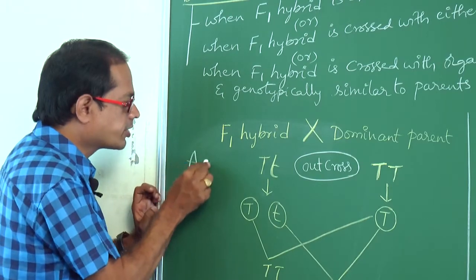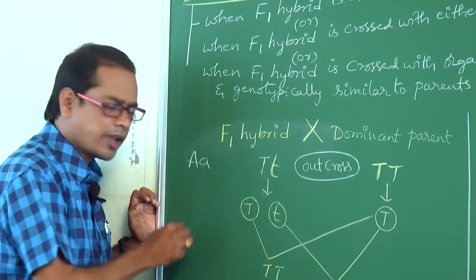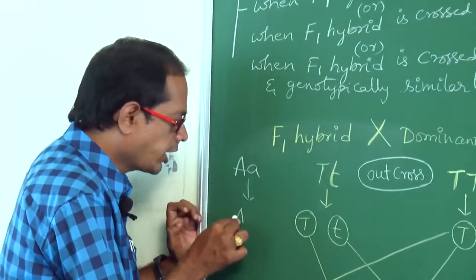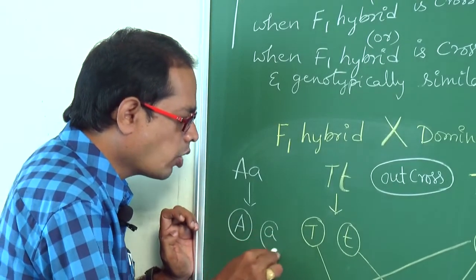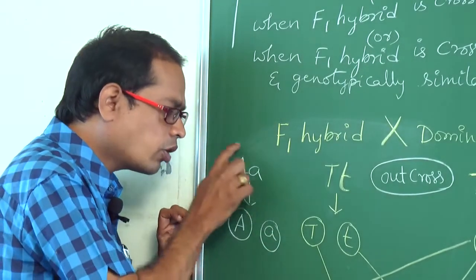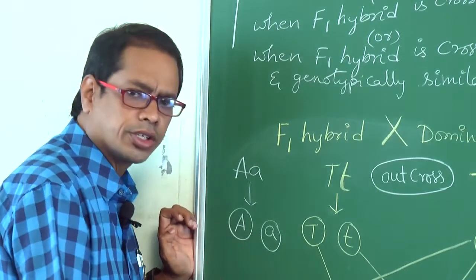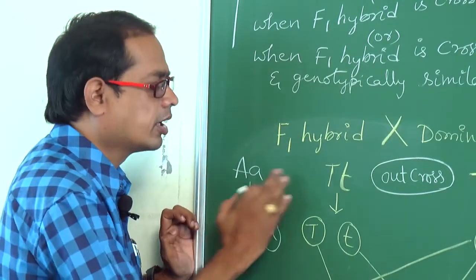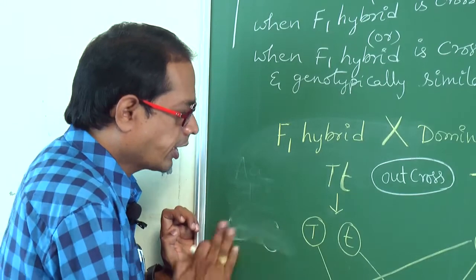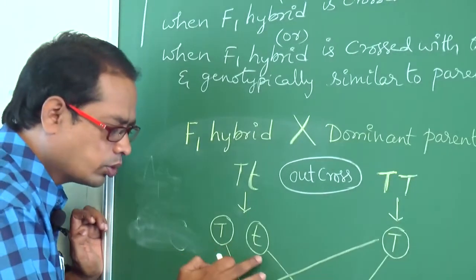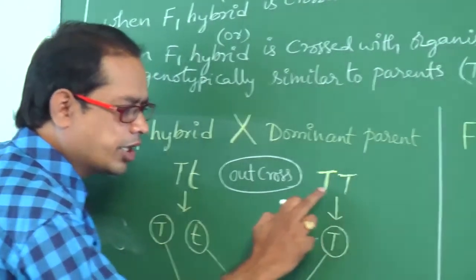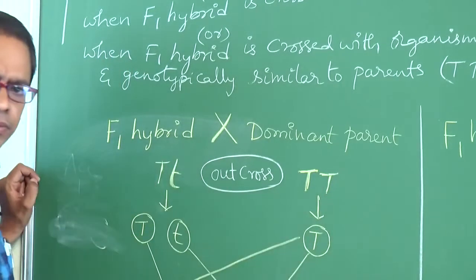If they give like this, what type of gametes do they produce? Capital A, small a. If it is a heterozygote, it produces two types of gametes. Similarly, capital T, small t produces two types of gametes, whereas this one is a homozygote.